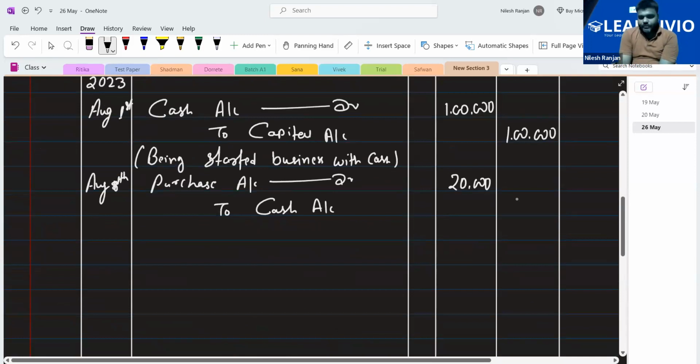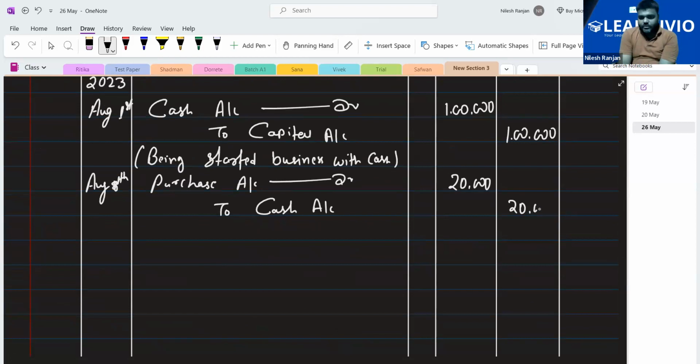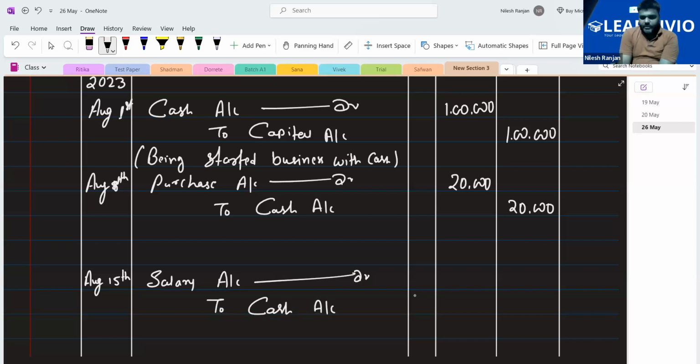After that, we will write the narration of the transaction here. Then August 15th, salary will be debited. So salary account debit to cash account. Salary account debit to cash account. 10,000 and 10,000.